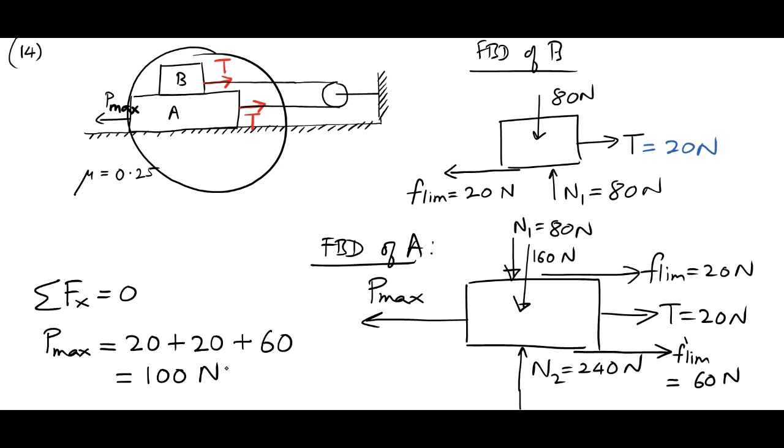This is the maximum value of P for static equilibrium, which means that the minimum value of the force P to actually start the motion is a bit more than 100 newtons, but the convention is to write it as 100 newtons itself. So that's the answer of question number 14.